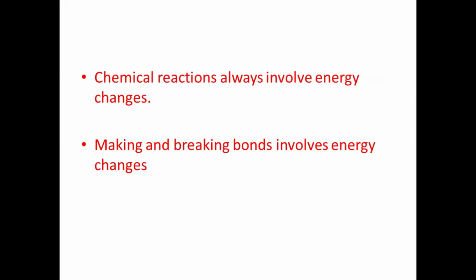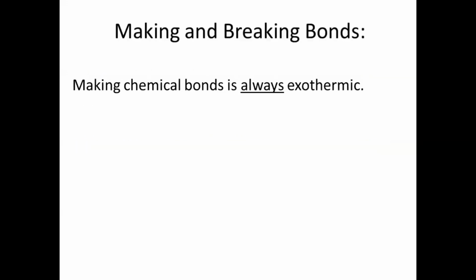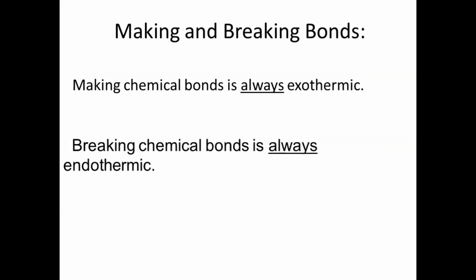Whenever there is bond breaking or forming, it involves an energy change. When bonds are formed, that is always exothermic, and when bonds are broken, it is always endothermic. It takes in energy.